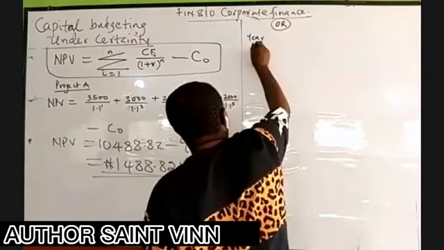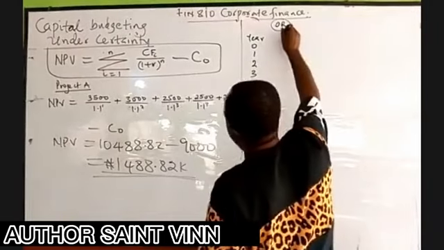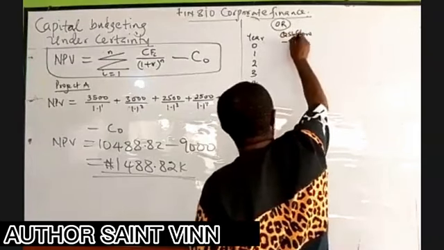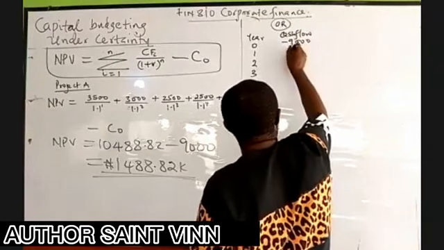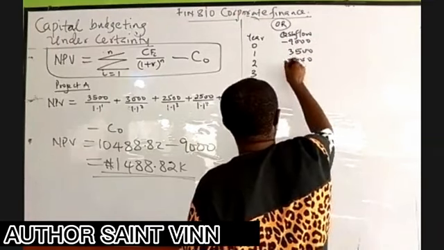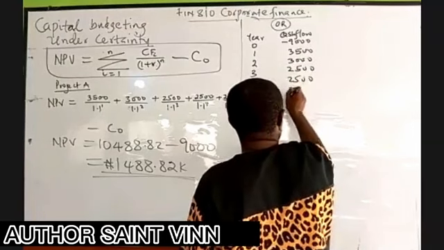Alternatively, if you don't want to use what you saw on the board, if your spirit says you don't like it: minus 9,000, 3,500, 3,000, 2,500, 2,500 again, and then 2,000.